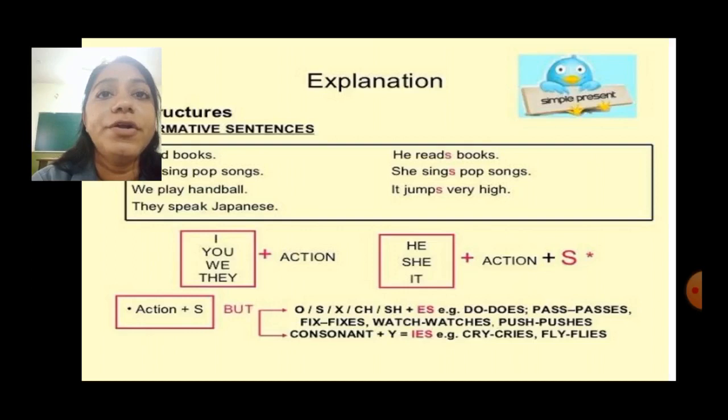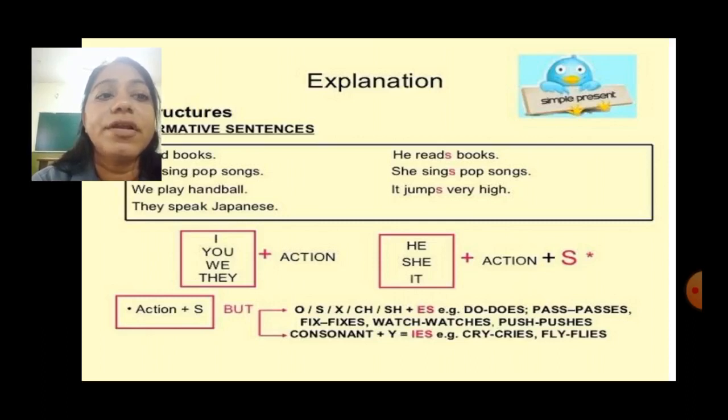For example, do. It becomes does as it ends with o. Pass, passes. Fix, fixes. Watch, watches.